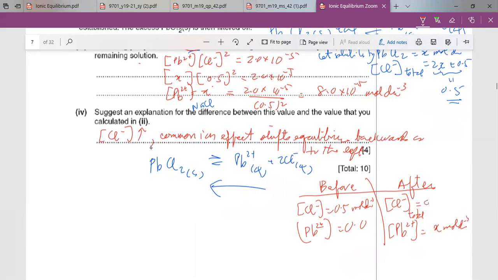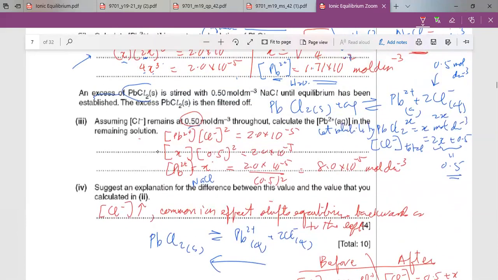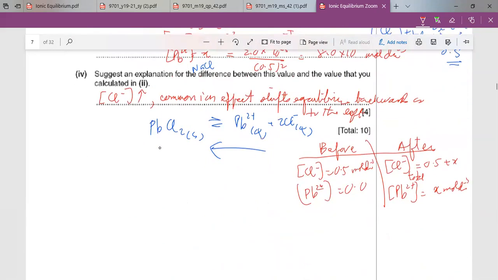So this will be 0.5 plus X. But they tell you to assume Cl- remains the same, which means X is very small, too small to affect the 0.5. So it stays at 0.5. See that? So use that.